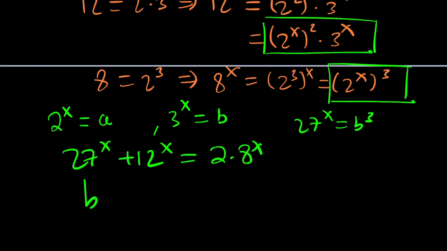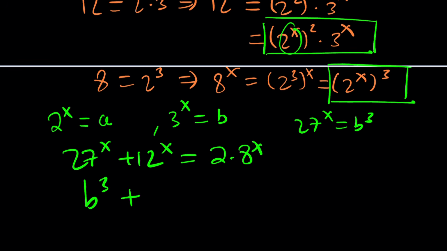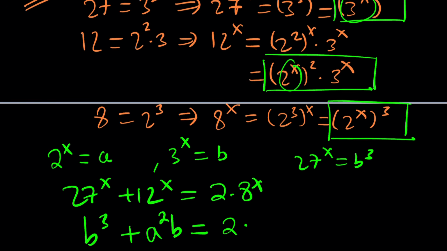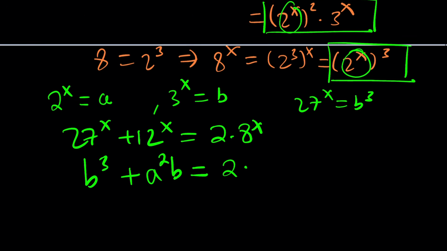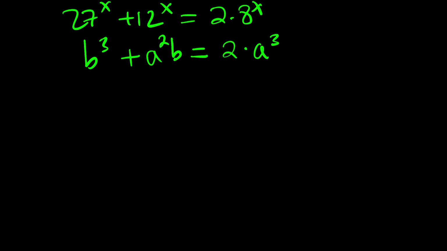So we're going to replace this with b cubed. 12 to the power x is going to be a squared times b, and 2 times 8 to the power x is going to be 2 times (2^x)^3, and this is a cubed, okay? So we're kind of getting a cubic equation from here, from an exponential to a cubic. How nice is that, right?